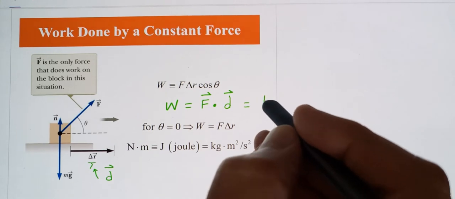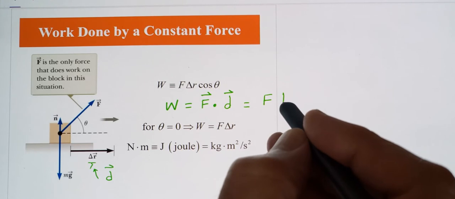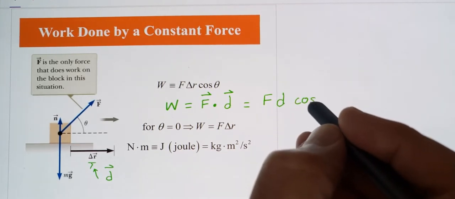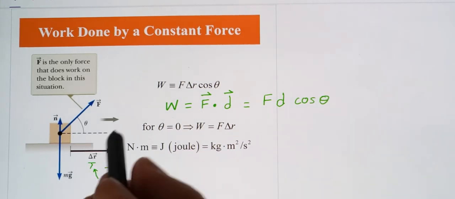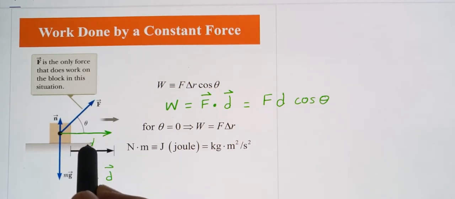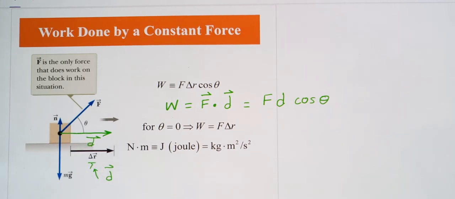Well, it is F, the magnitude of the force, multiplied by the magnitude of the displacement, and then cosine theta, where theta is the angle between the displacement and F.